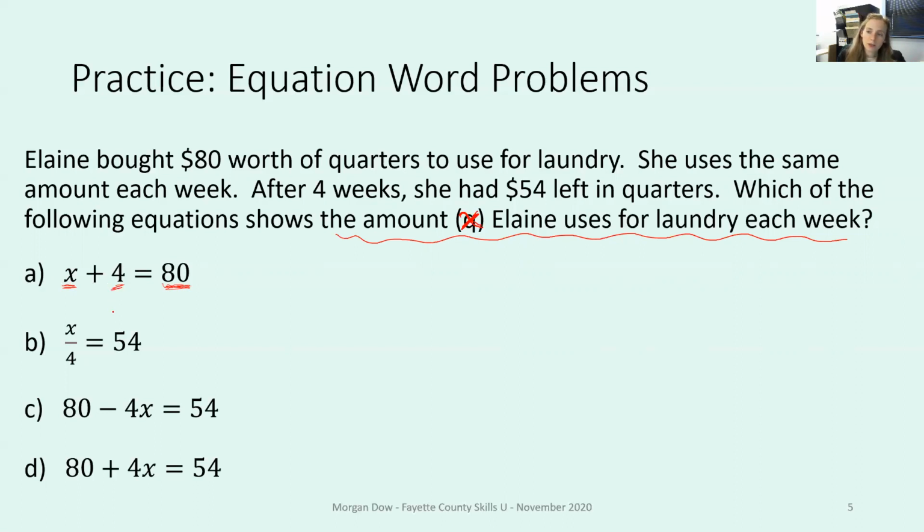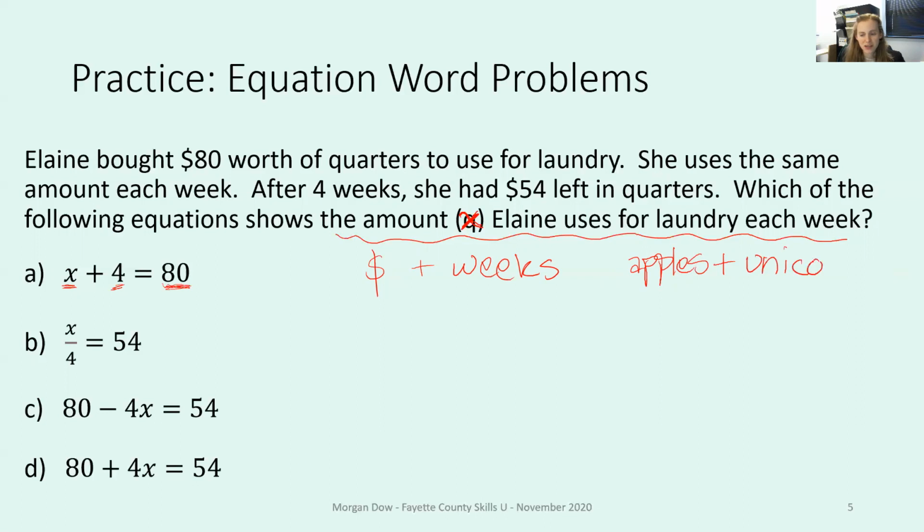One thing you want to be on the lookout for is you can't add together different types of stuff. So it doesn't really make sense to talk about adding dollars and weeks, right? Just like it wouldn't make sense to talk about adding together, I don't know, apples and unicorns, right?